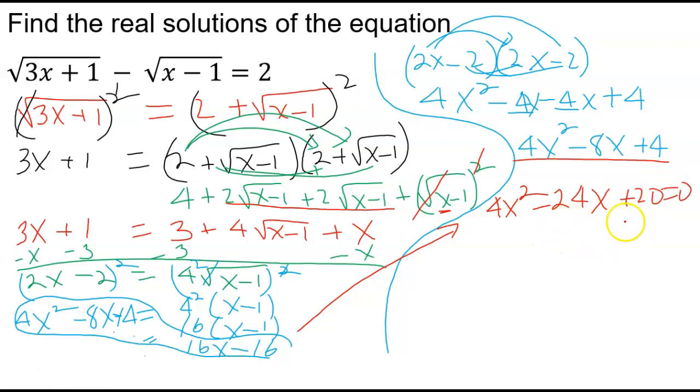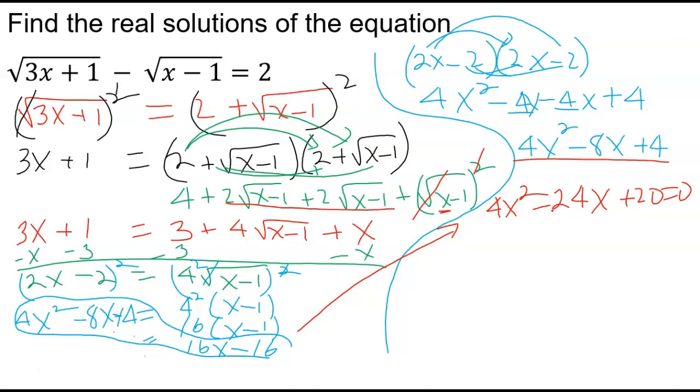And then we can solve this quadratic equation any way we want, either by factoring or, we can also see if 4 can go into 24. If we simplify it, would that make it easier to factor?